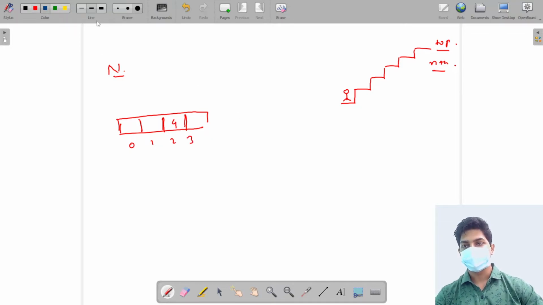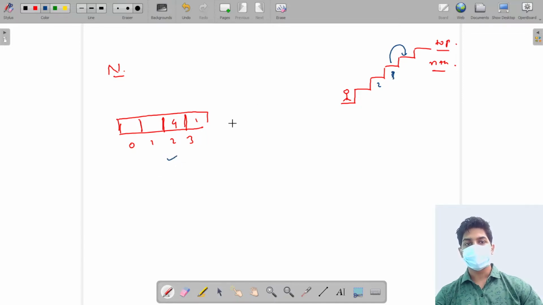That means if we are on the 2nd stair, we are allowed to take a jump of either 1 unit, 2 units, 3 units, or 4 units. And suppose at index 3, 1 is written. Then if we are on index 3, we are allowed to take only a jump of 1 unit. We cannot take a jump of any unit higher than 1. So this is what this particular array indicates.